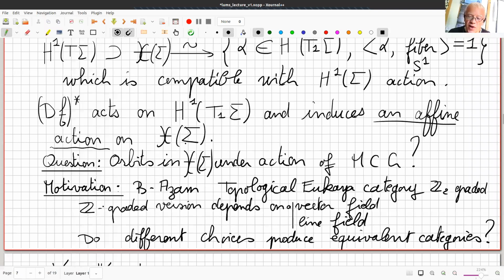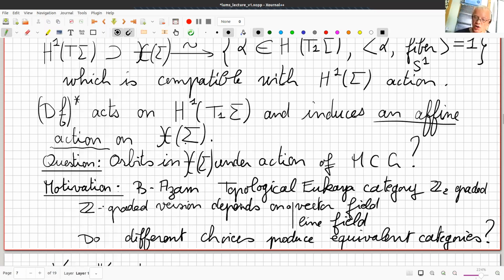And in fact, this question is motivated by some work which we want to continue with Haniya Azam. We constructed with Haniya the topological Fukaya category, but it was a Z/2 graded version. And the Z graded version depends on a vector field, or more exactly on a line field, which is very similar.